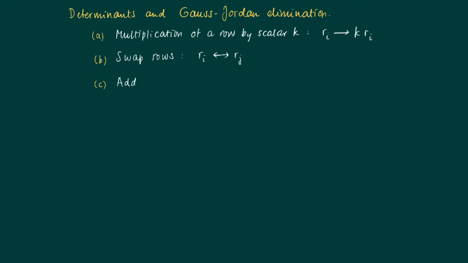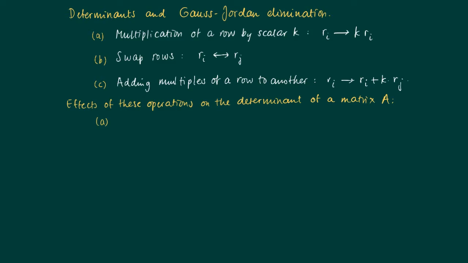So this means that row i will change into row i plus k times row j, where row j is another row. So these are the main ingredients for Gauss-Jordan elimination, and we will see what the impact is of such operations on the determinant of a matrix.